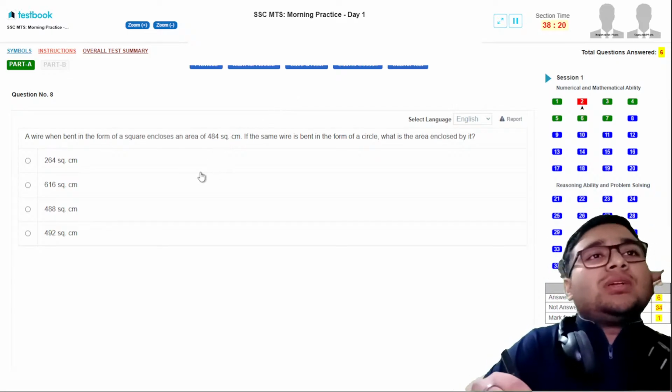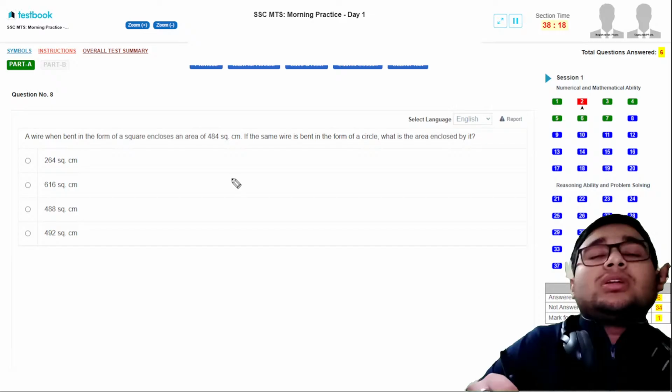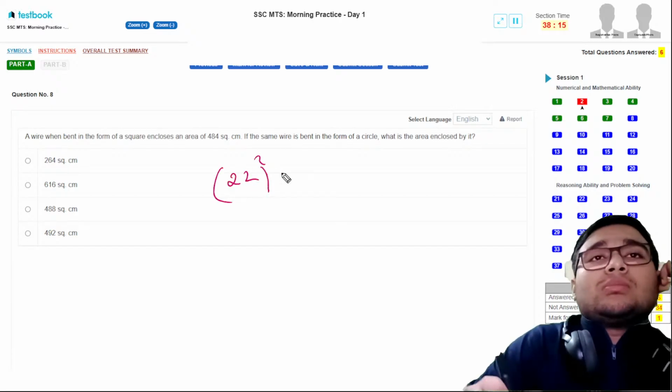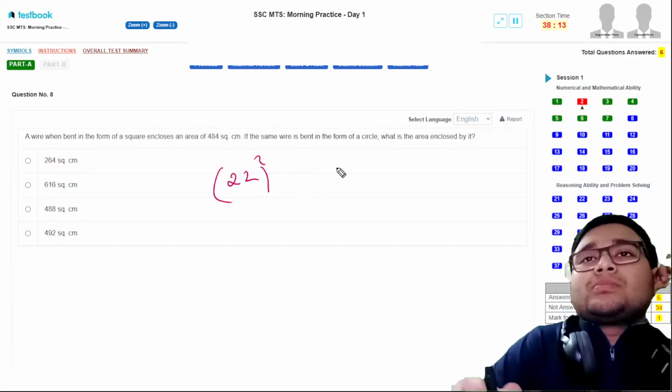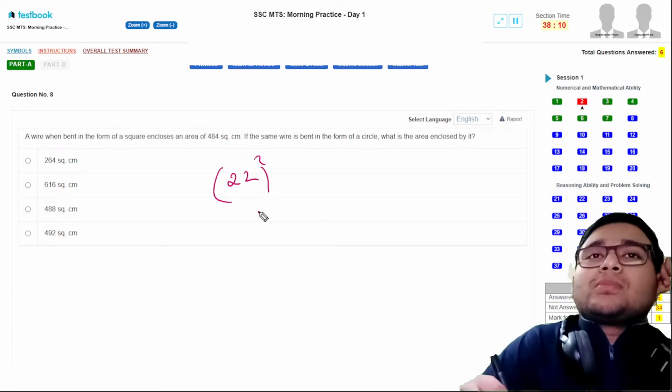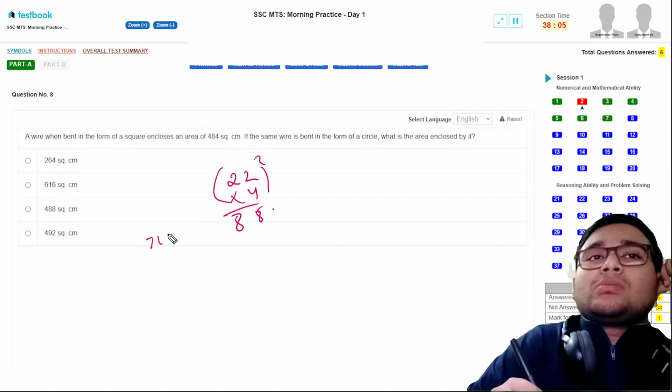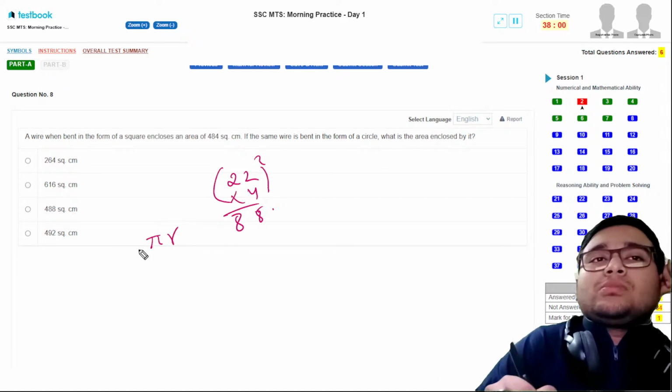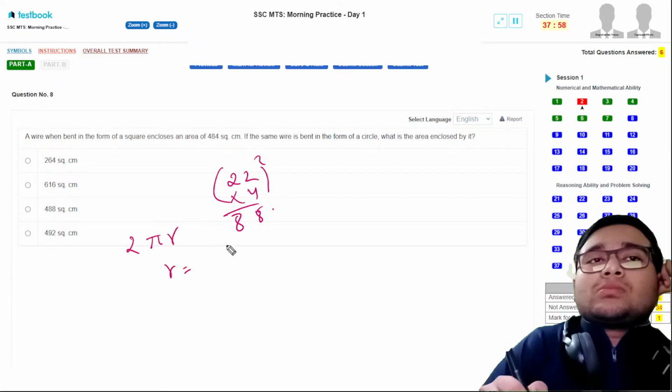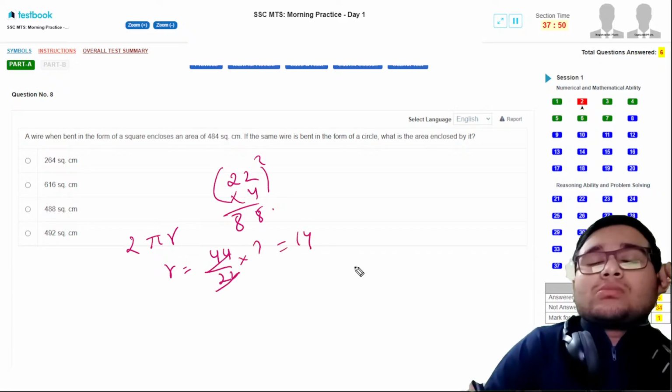A wire when bent to form a square is of area 52 square. The wire is bent. What is asked in this? The same wire is bent to form a circle.